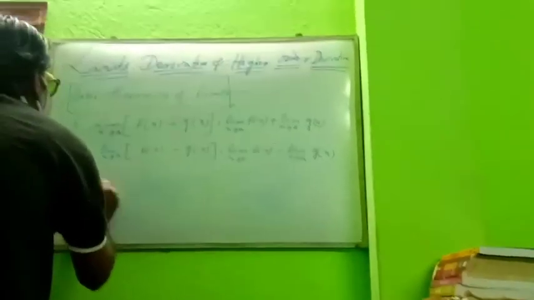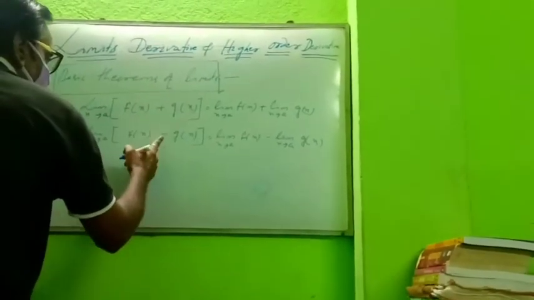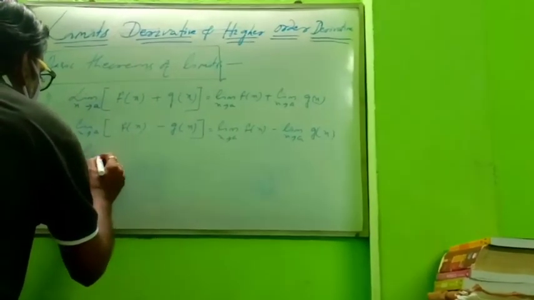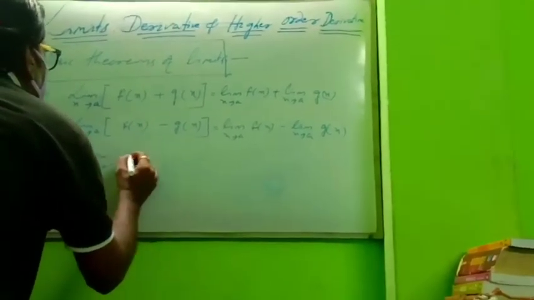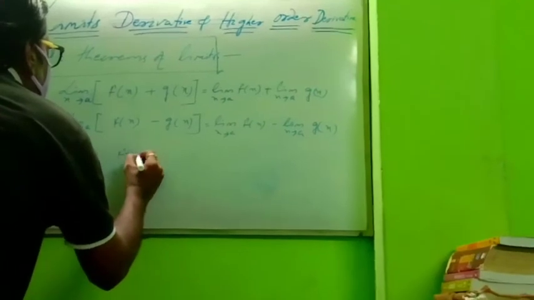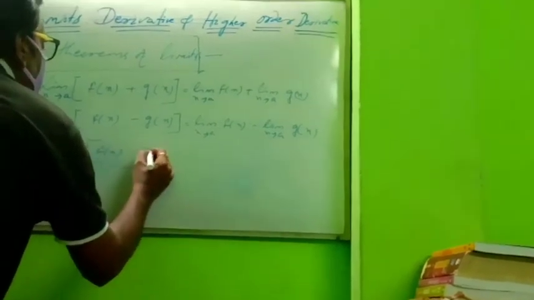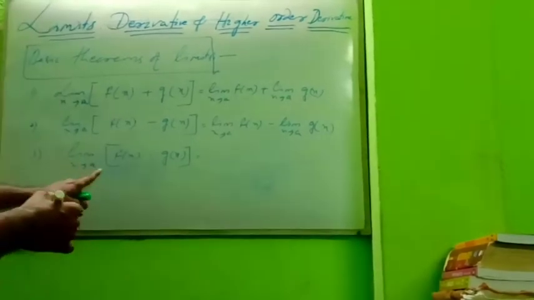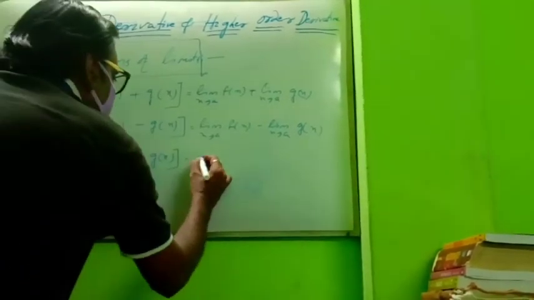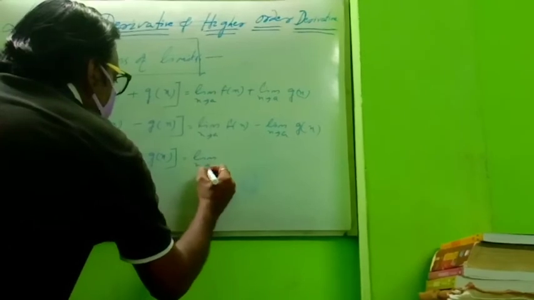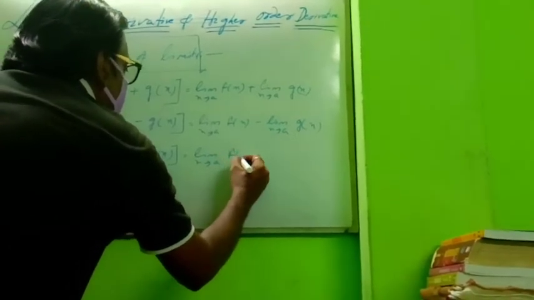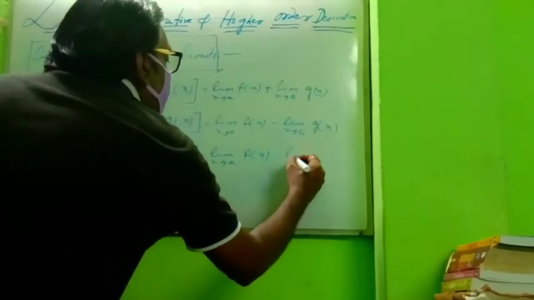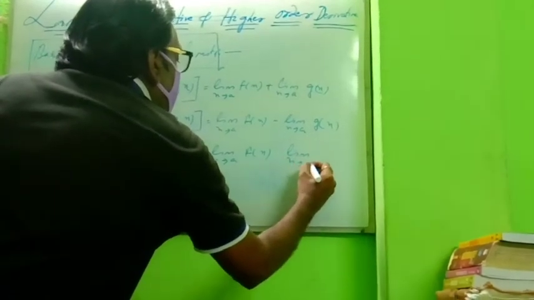Number 3: sum given, difference given, next the product given. Limit x tends to a of f of x into g of x. Two functions are given but in product form. In this case, you have to write limit x tends to a of f of x into limit x tends to a of g of x.